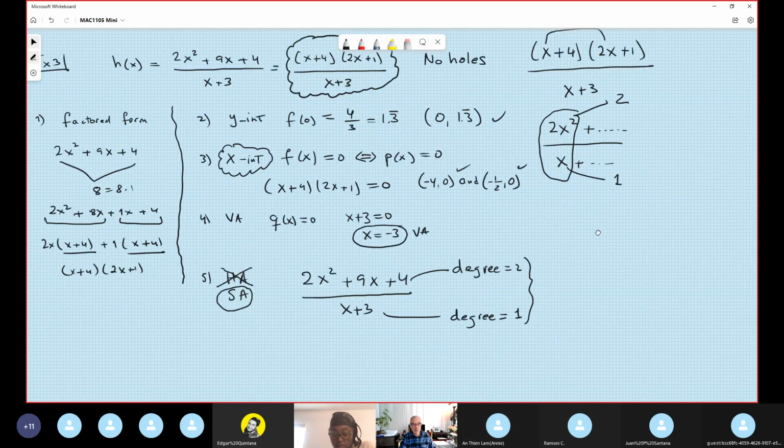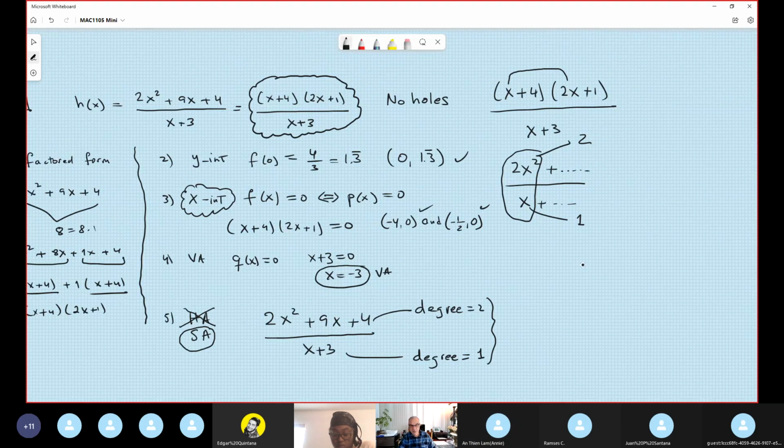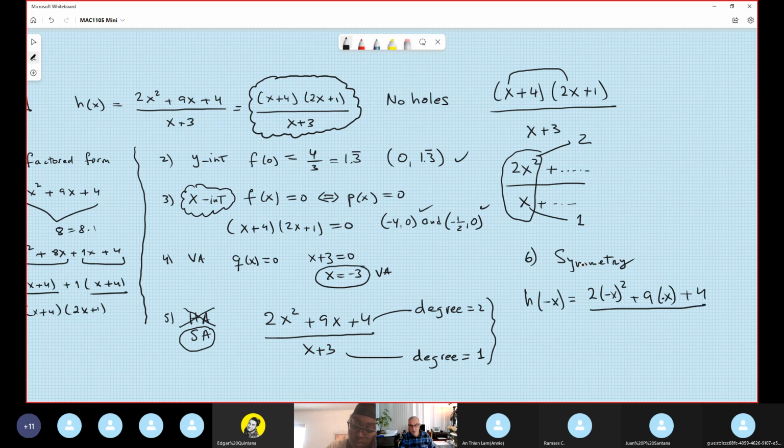Okay, what do you think about symmetry? It's point 6. Remember, symmetry is super easy. You spend a few seconds to discover the symmetry, and you mentally replace x with negative x. Our original expression becomes 2 times negative x squared plus 9 times negative x plus 4, divided by negative x plus 3.